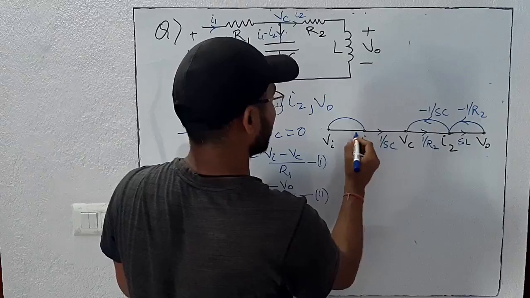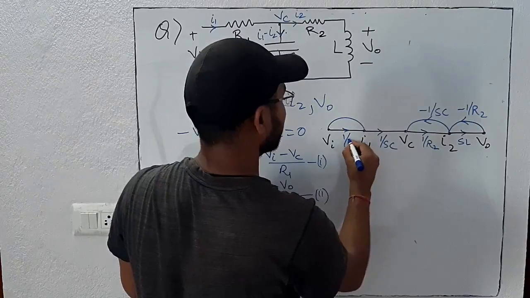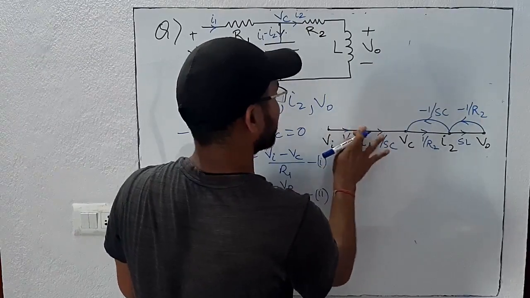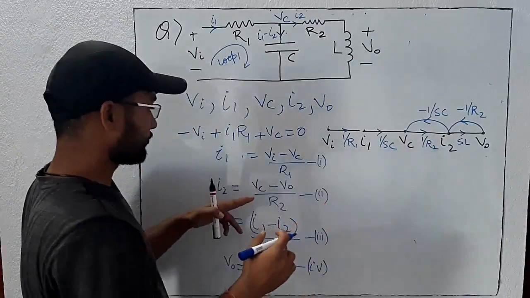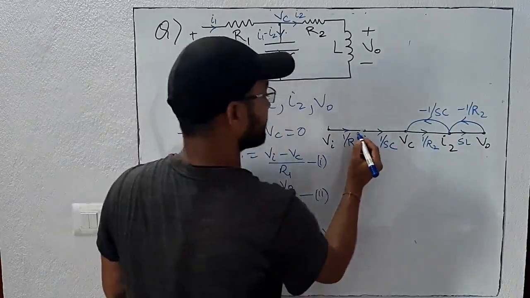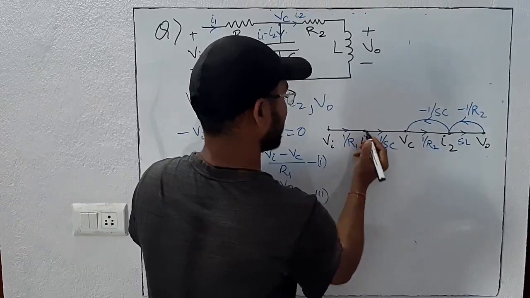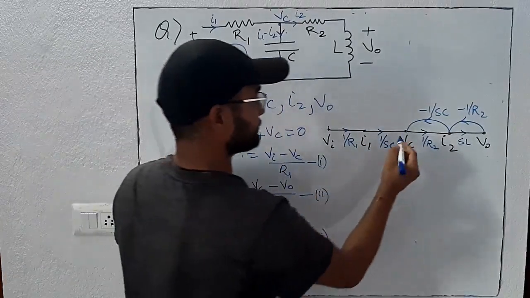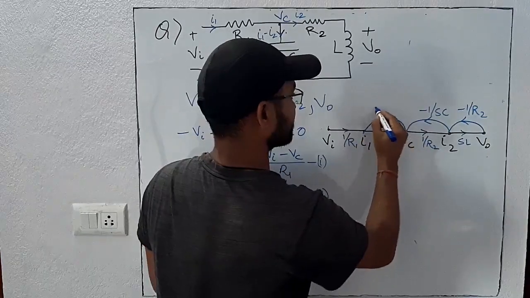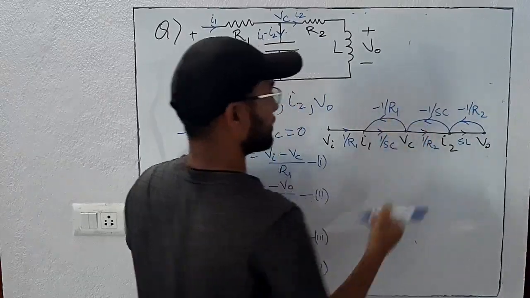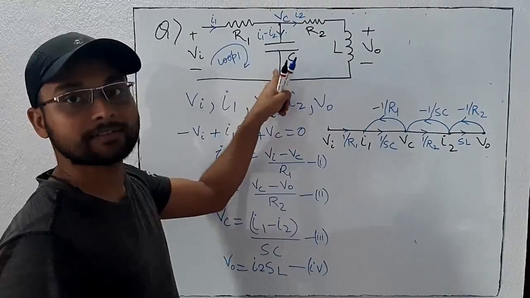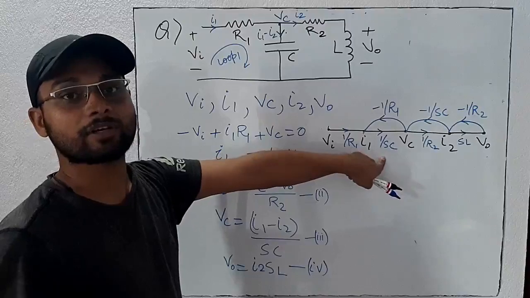So sorry, here we will write VI by R1, and from VC it will come minus 1 by R1.